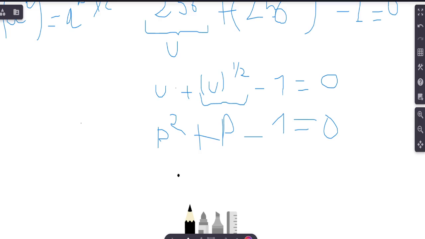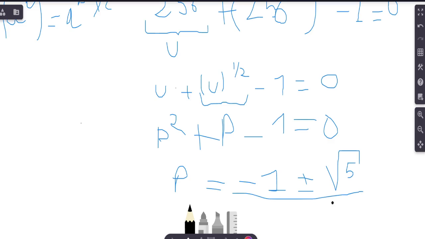So the solution here is p equals minus 1 plus or minus square root of 5, divided by 2.